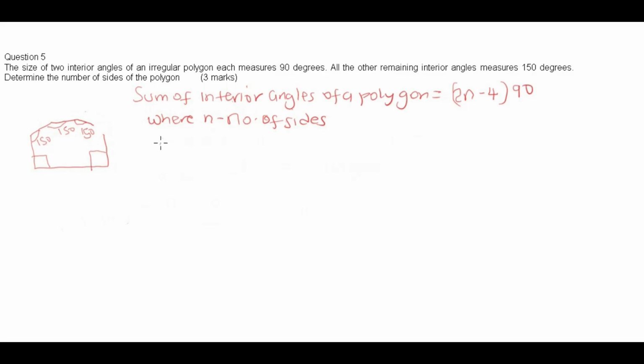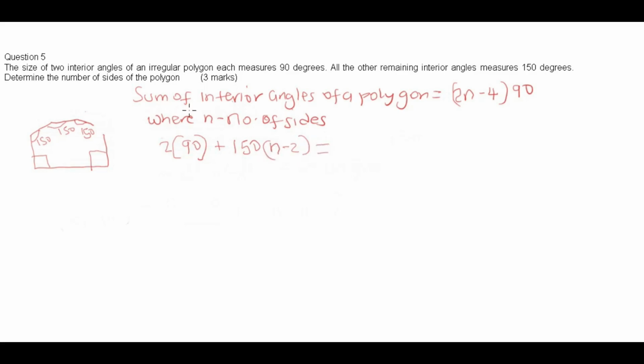So we know two angles measure 90 degrees, plus 150 times n, where n is the number of sides, but since we have already stated these two angles, we remove them from the number of sides, so it is n minus 2.